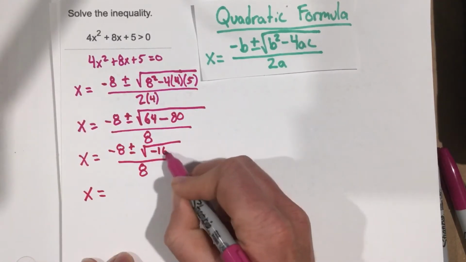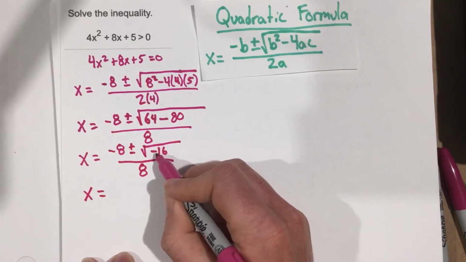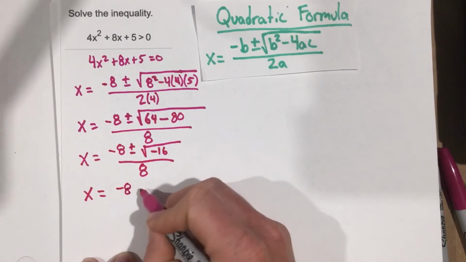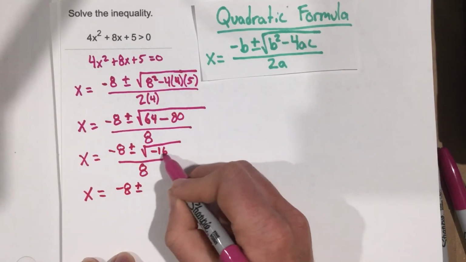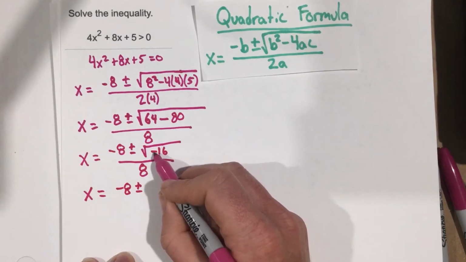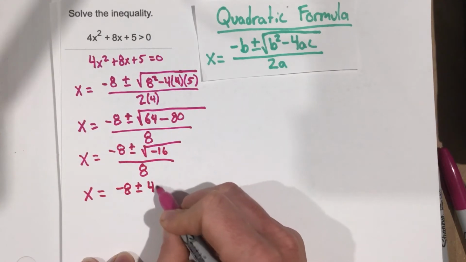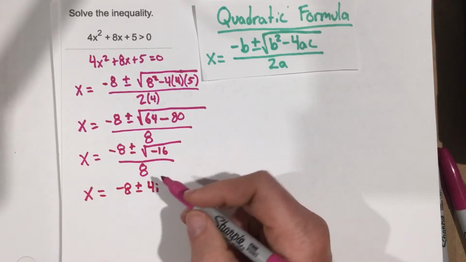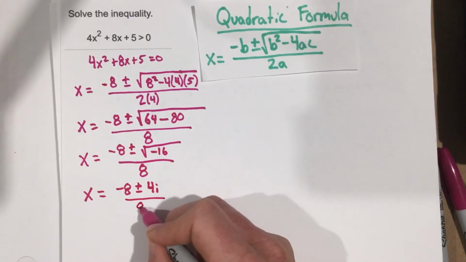You'll see I'm going to get a complex number. So I end up with negative 8 plus and minus root of negative 16. Well, that is 4i, right? Because root of negative 1 is i and root of 16 is 4. That's all over 8.